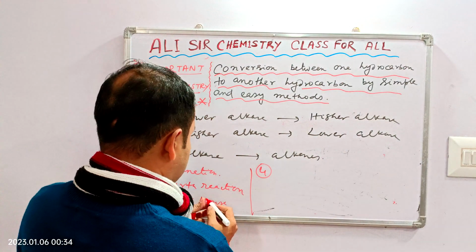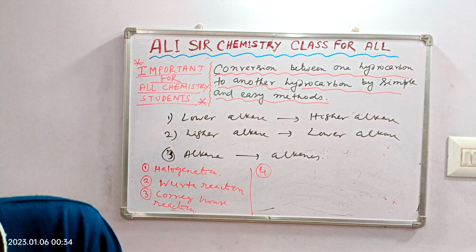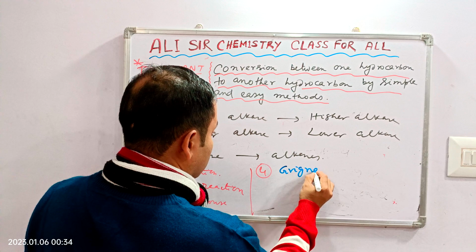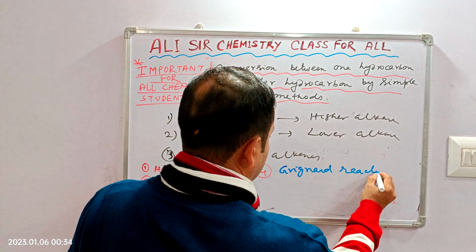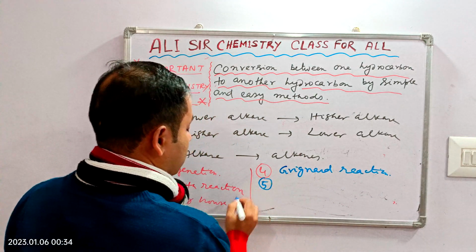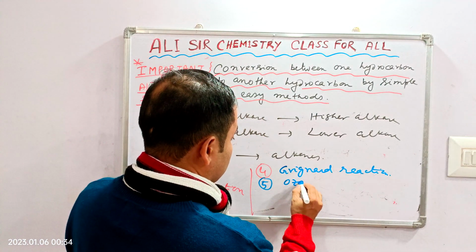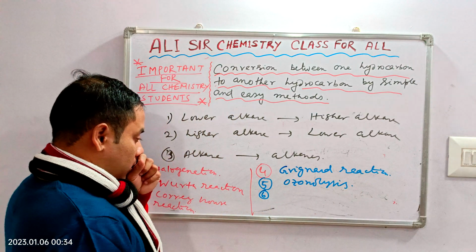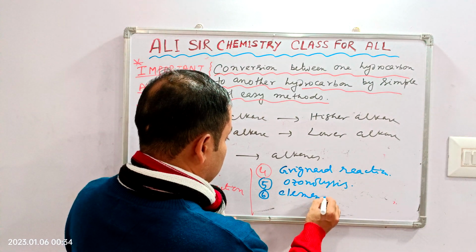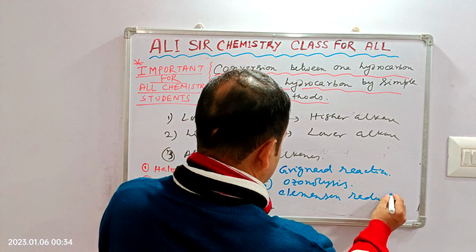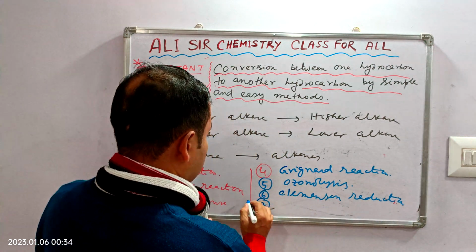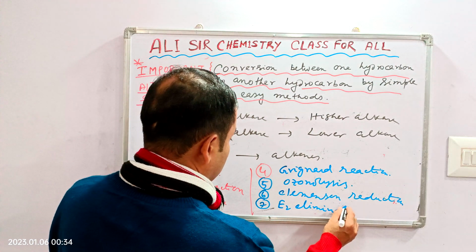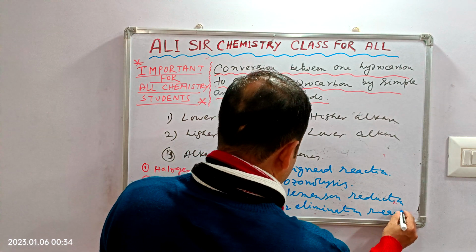Number 4 is Grignard reaction. Number 5 is ozonolysis. Number 6 is Clemmensen reduction, and number 7 is E2 elimination reaction.